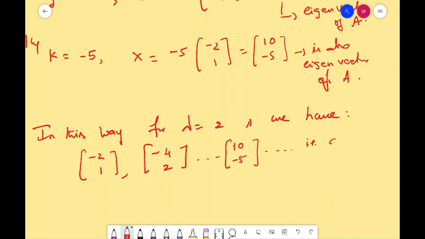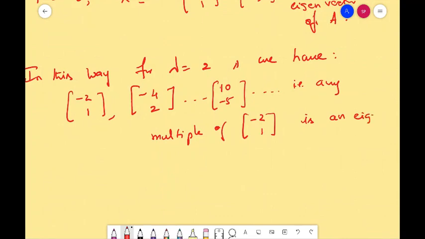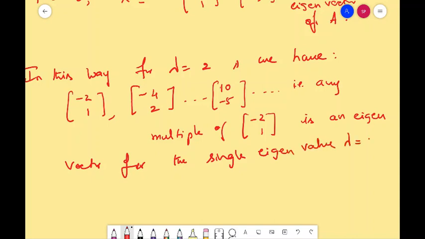That is, any multiple of minus 2, 1 is an eigenvector for the single eigenvalue lambda is equal to 2.